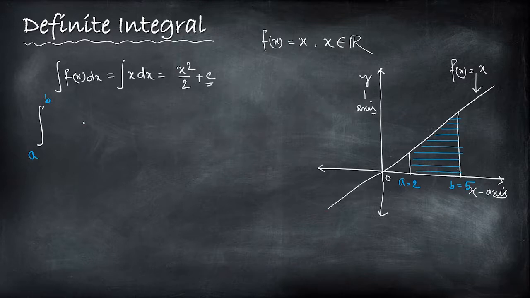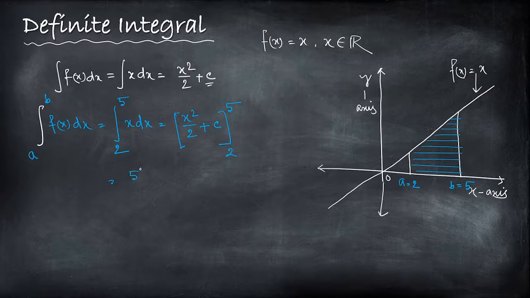So the definite integral of f of x with respect to x equals the integral from a equals 2 to b equals 5 of x dx, and this equals x square by 2 plus the integrating constant c, and it is evaluated between the two limits of this integration which bound it.